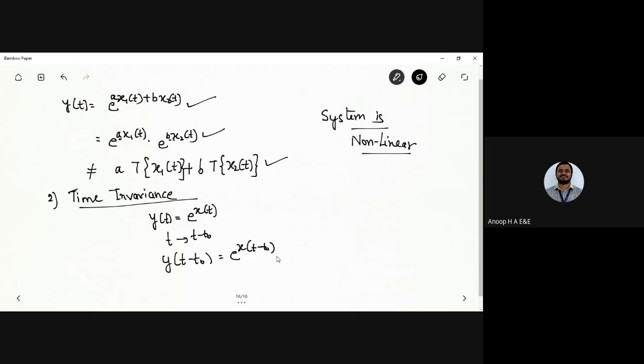We are certain that any change in the input with respect to a time advance or a time delay carries through, so we are going to call the system time invariant.